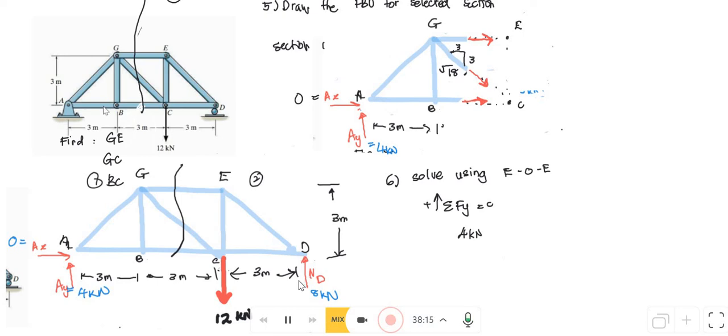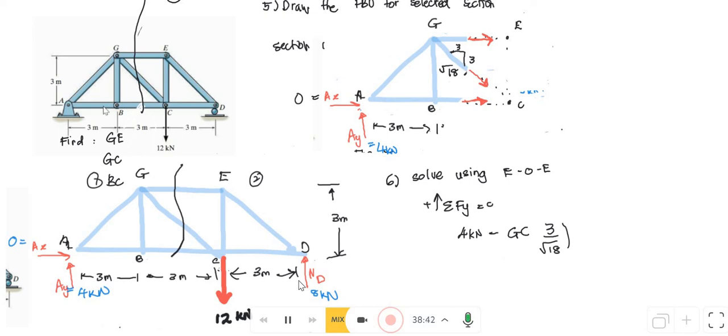So we have negative GC times 3 over square root 18, and it is equal to 0.